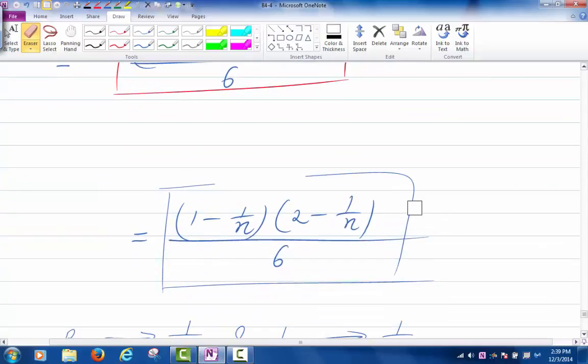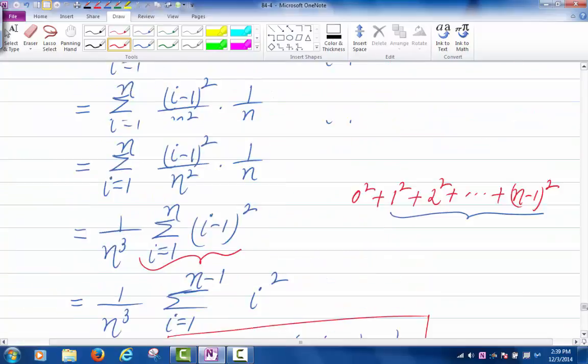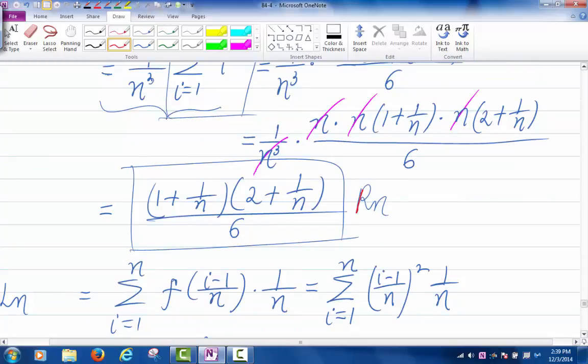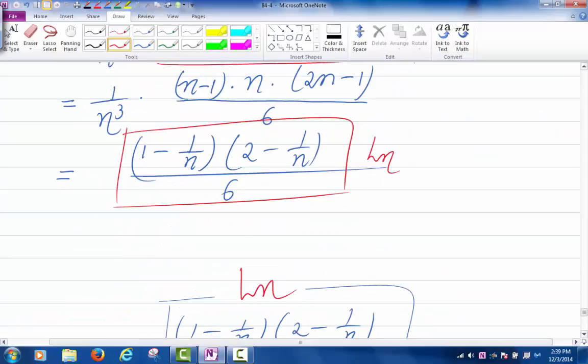So this is ln. This is exactly ln. So what was Rn? Let me go back. Rn is right here. What's the difference between Rn and ln? There is just a negative here instead of a positive.